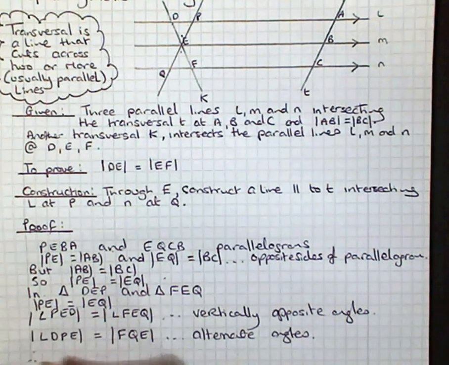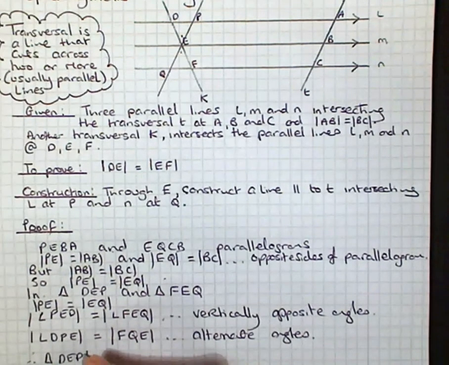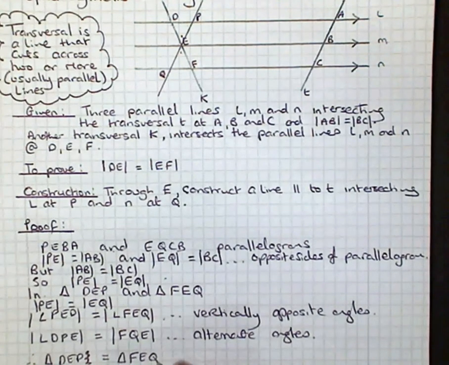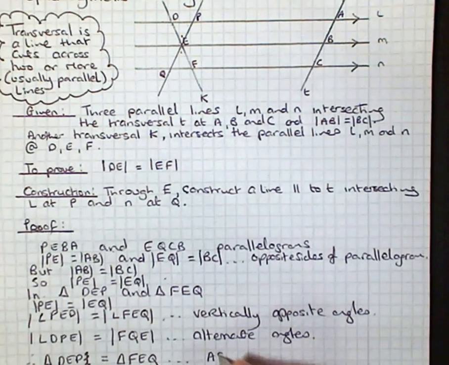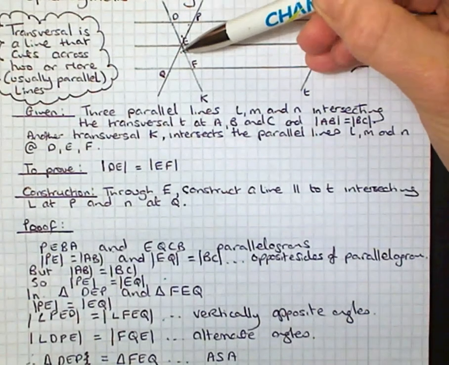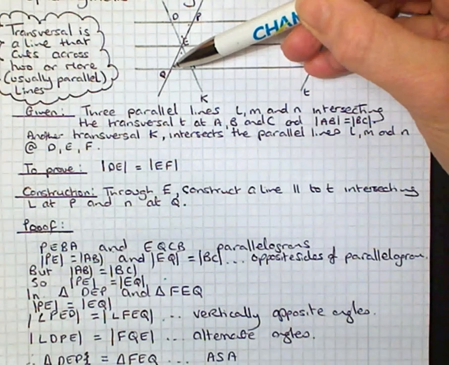Okay, so therefore I can conclude that the triangle DEP is congruent to the triangle FEQ because of angle, side, angle. We have an angle, a side, and an angle, and we have an angle, a side, and an angle.